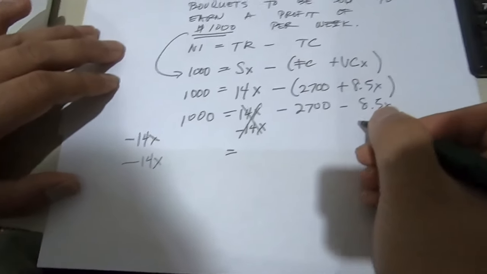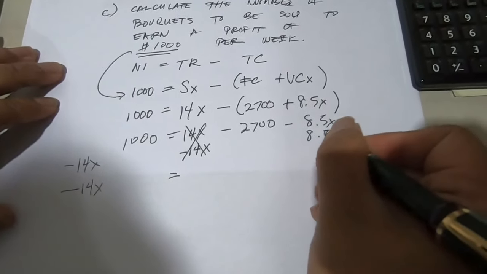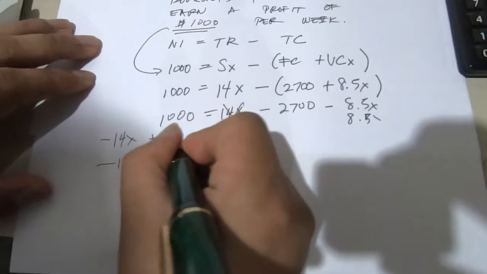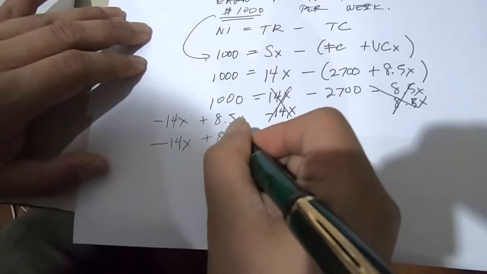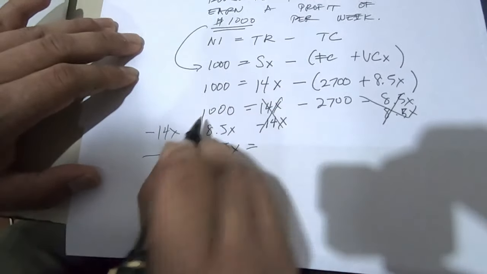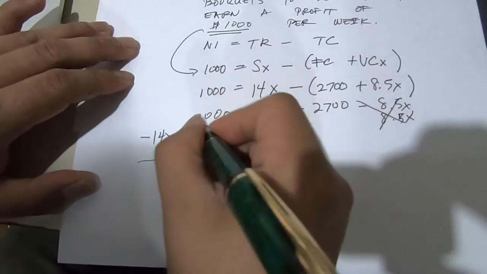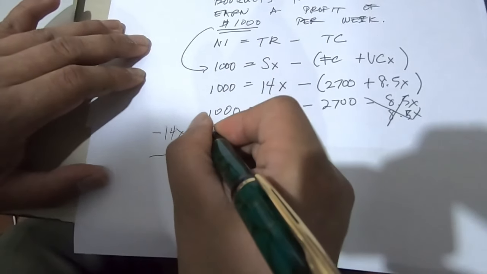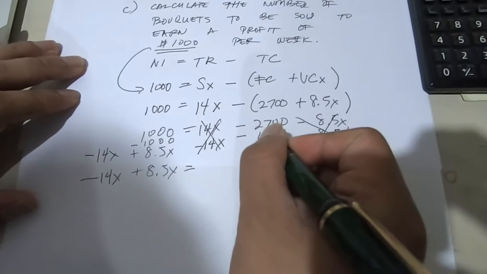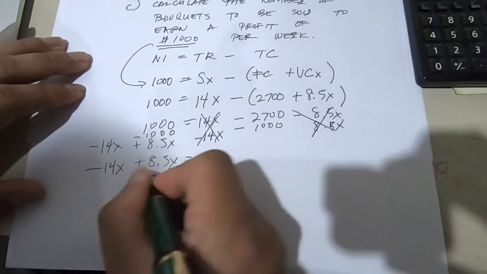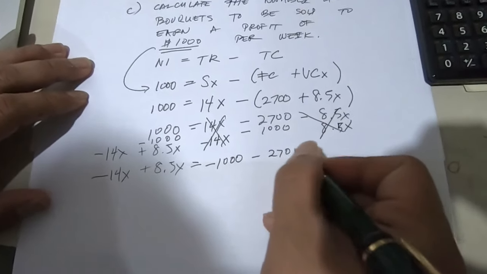Okay, so then this one, we add 8.5x to both sides of the equation, plus 8.5x, right? This cancels out. This goes down here, 8.5x. The 1,000, we need to bring it to the other part of the equation. So we subtract $1,000 from both sides of the equation here. So that becomes negative 1,000 minus 2,700.